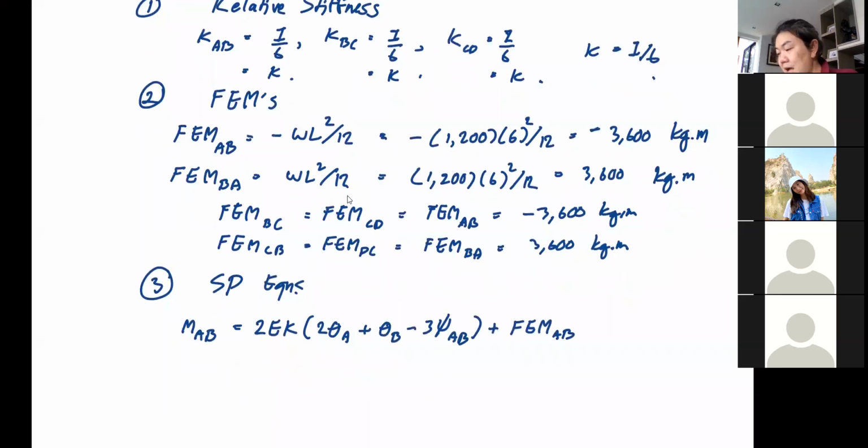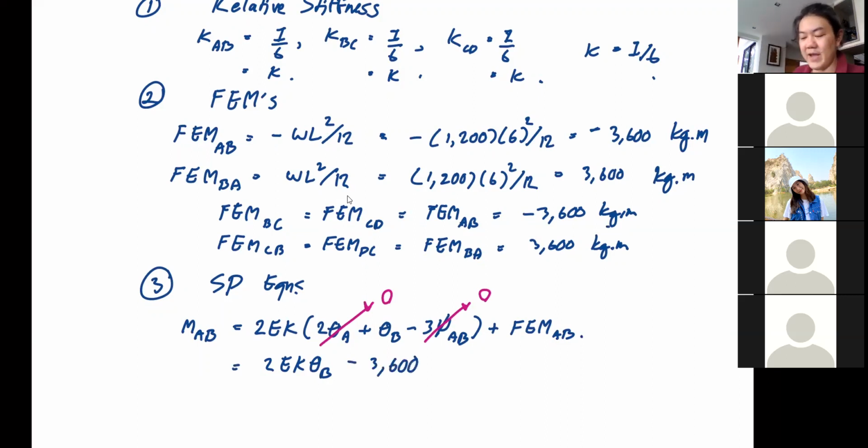Okay, so now we know that zeta A is equal to 0, and psi is the angle of the entire member when you have joint displacement. We don't have any joint displacement, so that is also gone. So now MAB is basically 2EK zeta B, and FEM AB, that's minus 3600.